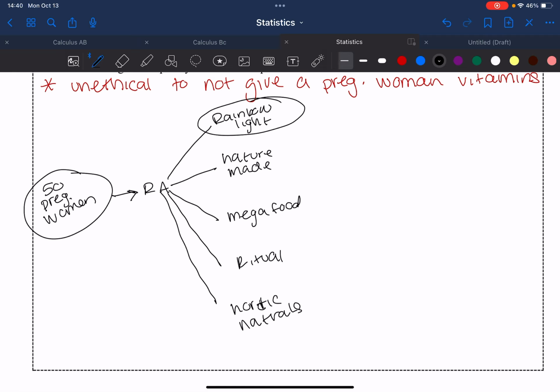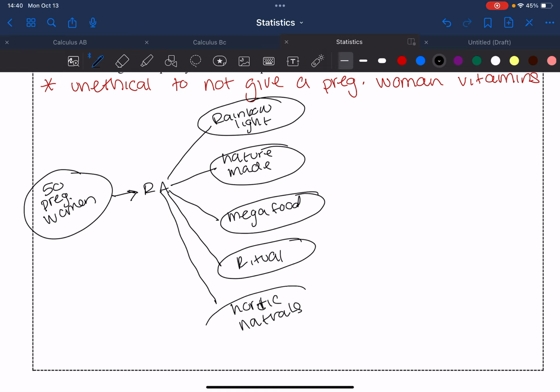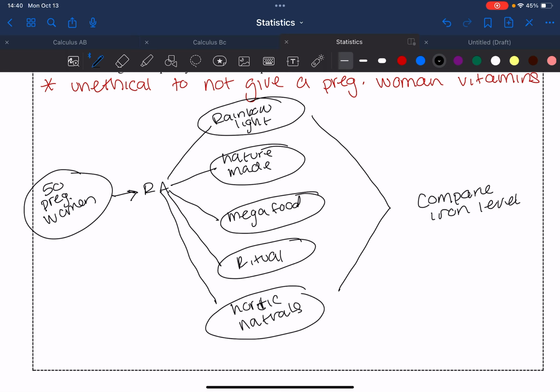Then after everything is randomly assigned, I'm going to compare iron levels. Since I start with 50 pregnant women and 5 groups, I could assign 10 to each group, and then find the results of each of them by comparing their iron levels after birth.